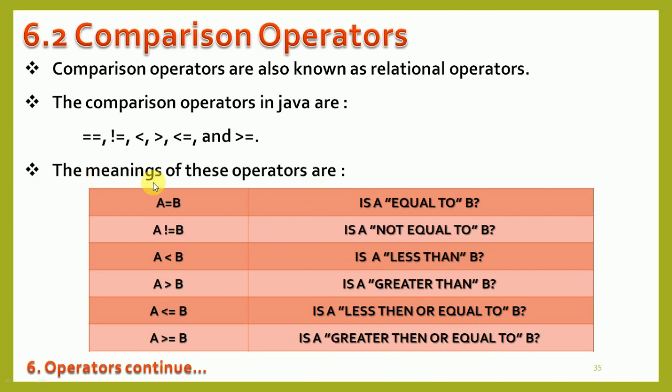The meanings of these operators are: a is equal to b, a is not equal to b, a is less than b, a is greater than b, a is less than or equal to b, or a is greater than or equal to b. These are the comparison operators you use in a Java program.